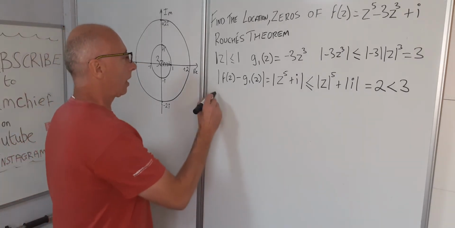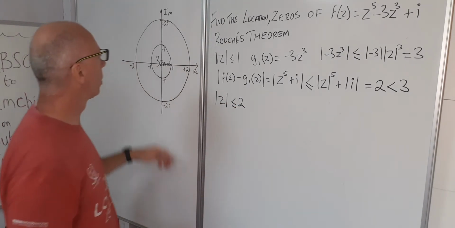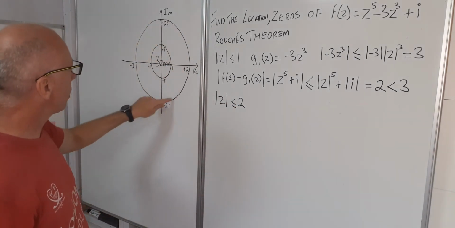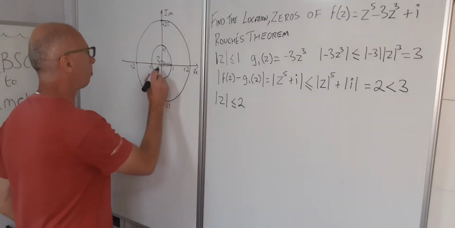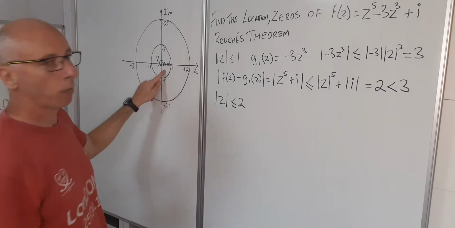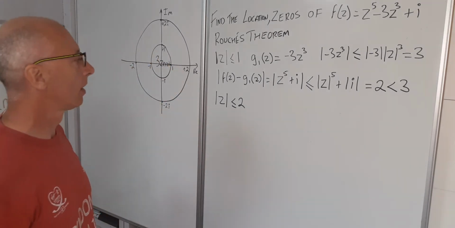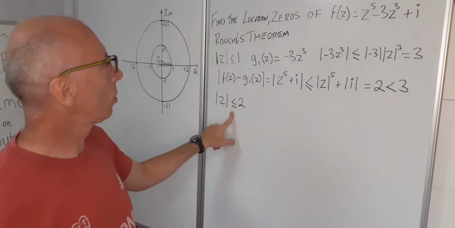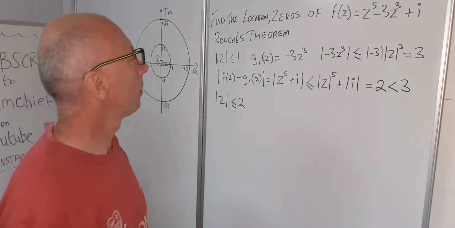So the next thing we look at, the modulus of z is less than or equal to 2. So now we're going to find the zeros inside this line. Now it's going to be all the way to the origin, but then we know what the values are inside here. So we need to work out how many zeros are inside here. So if the modulus of z is 2, the dominant term here is going to be the z to the 5.